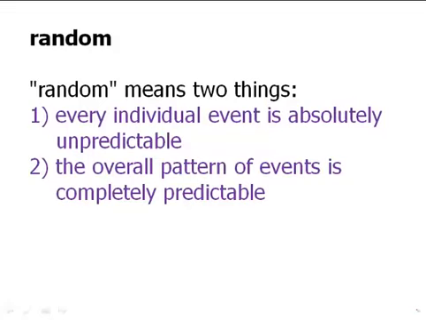It would be something very, very close to 500 of each. And so that's the pattern that is guaranteed. And in fact, the more I flip the coin, the larger the number of flips, the closer the ratio would have to be to 1/2. And so that is the meaning of random. Very important to keep both of those in mind. Individually unpredictable, but over the long term, completely predictable.